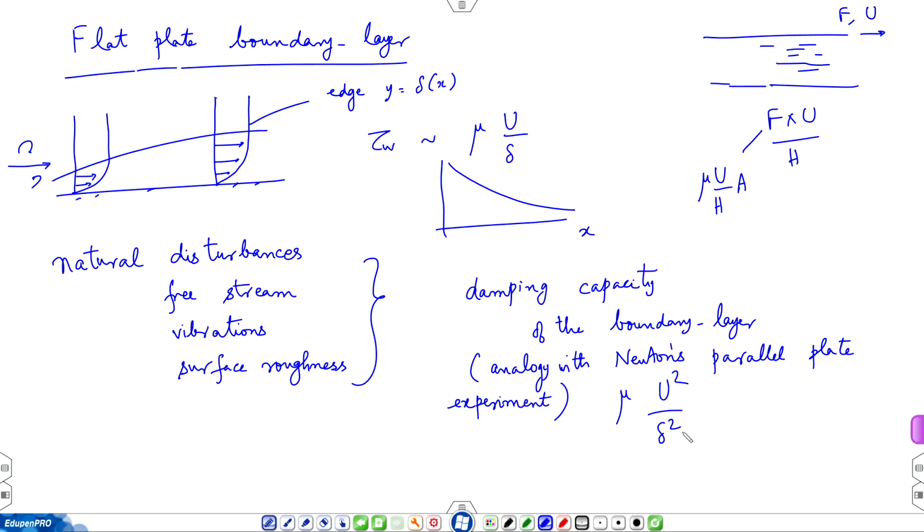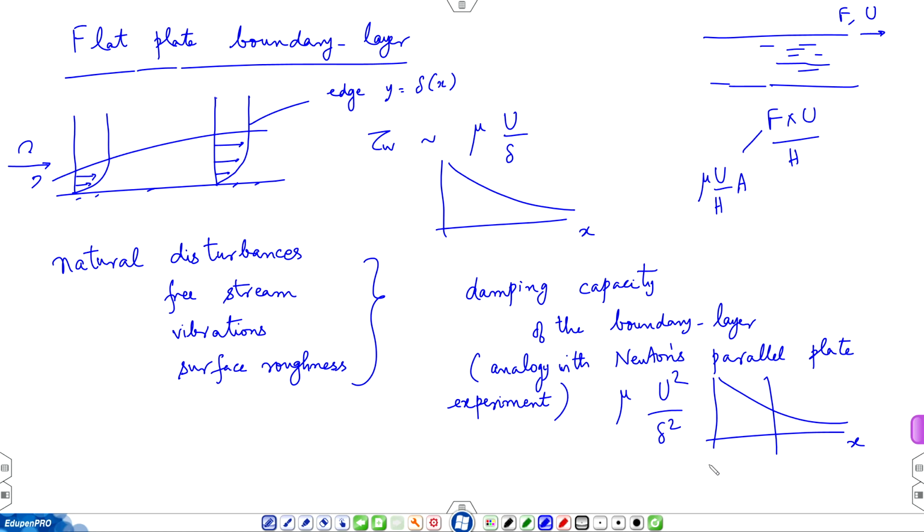Okay, this is the damping capacity of the boundary layer, and since delta is increasing with x, the damping capacity of the boundary layer sharply decreases with increasing x. Therefore, the external perturbations initially are damped, maybe up to some point here. So, here the damping capacity of the boundary layer is greater than the free stream disturbances, and the flow looks very quiet.